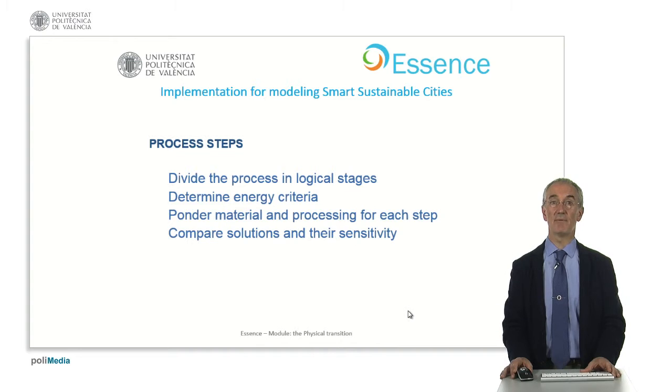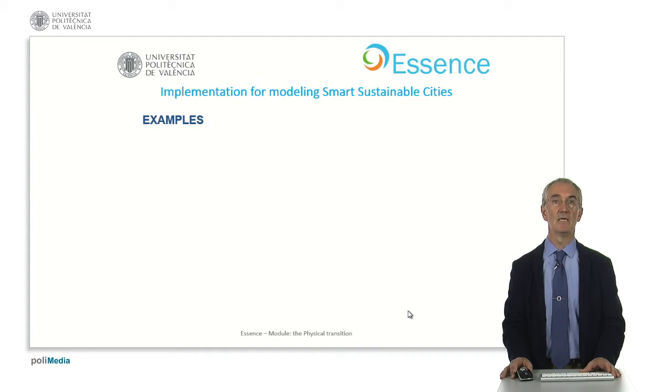Again, we have to ponder materials and the different processing steps for each of the elements and for each of the phases in the life of the building, and then compare, as I said, the solution and see how sensitive they are on specific malfunctions of the system.